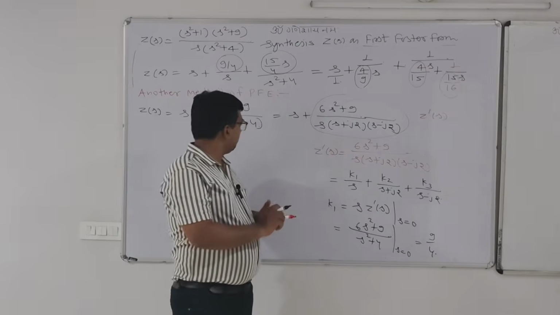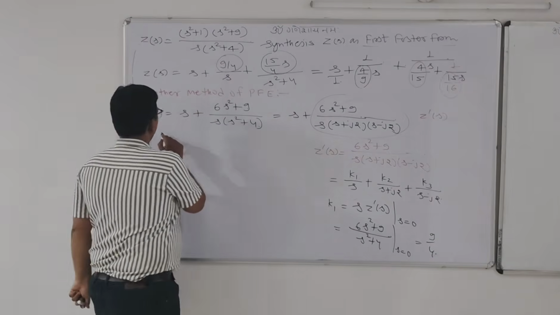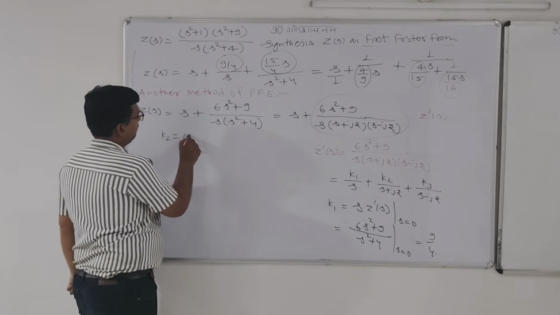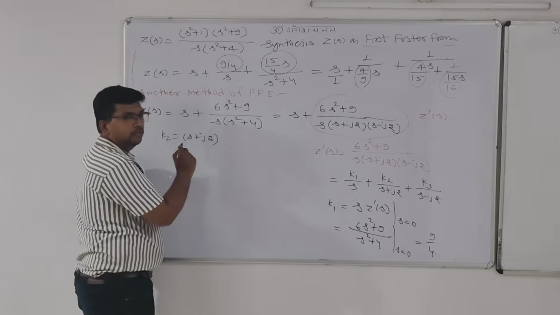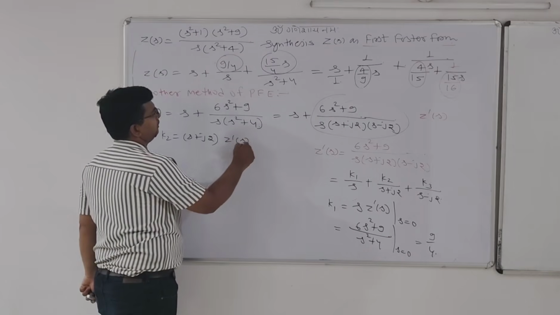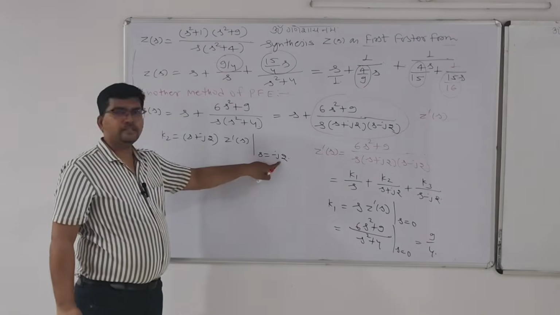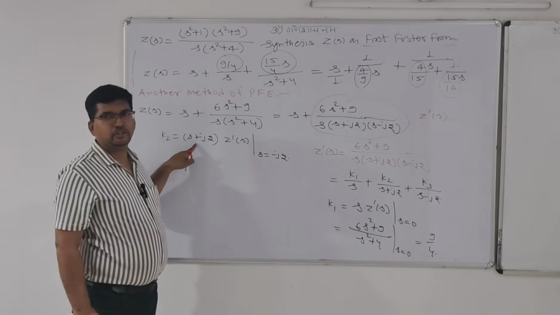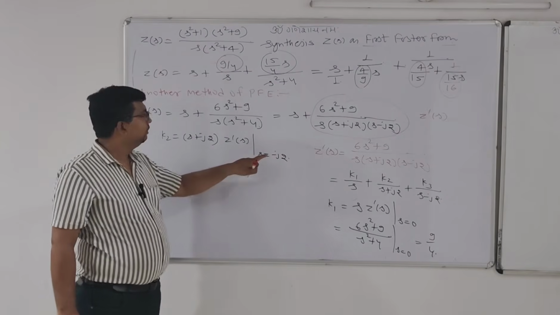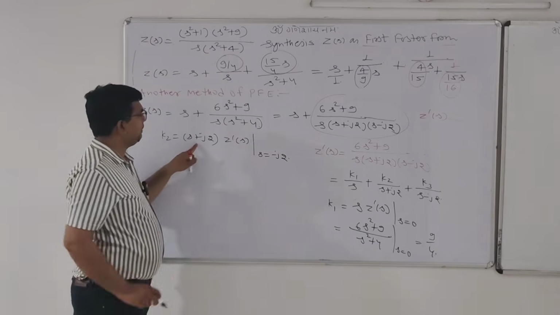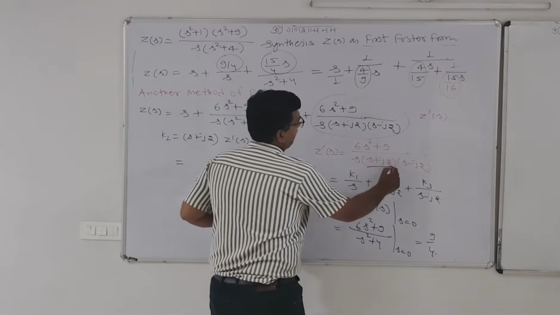Similarly, we will determine K2. Now what is K2? It is the same way. The factor is s plus j2, multiplied by Z dash s, and putting s equals minus j2. How do we determine this? Equating s plus j2 to 0, we get s equals minus j2. Again, when we multiply, this term will be cancelled out.